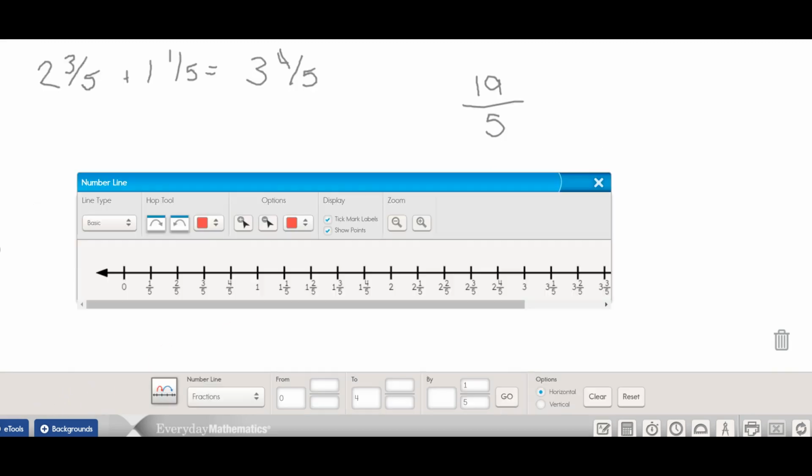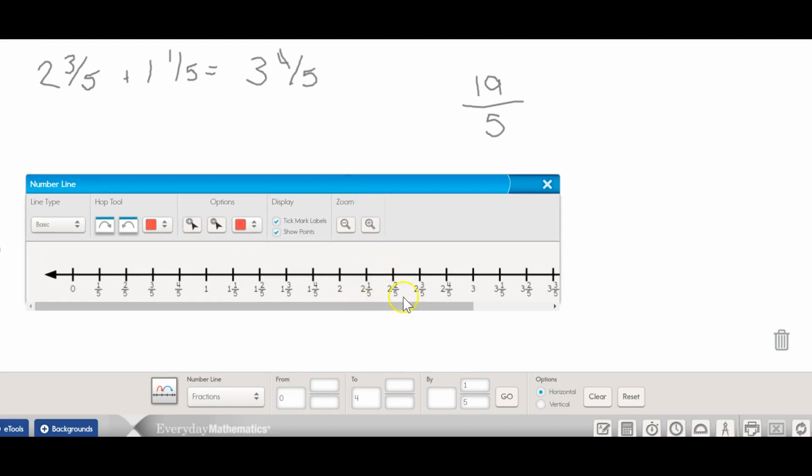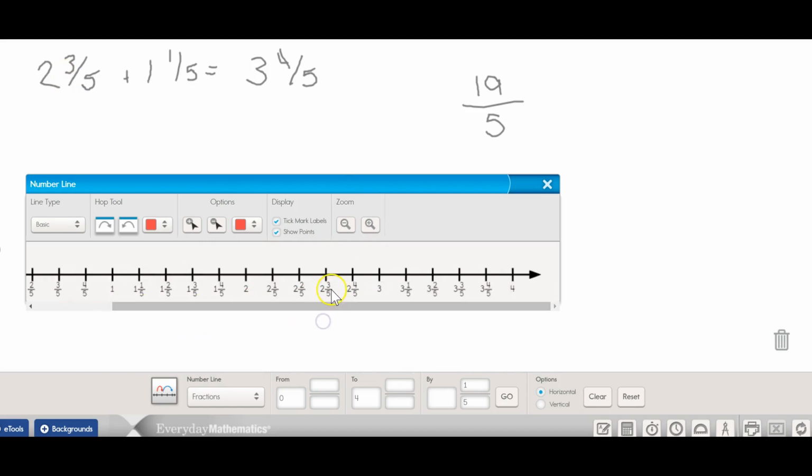And let's look at this on a number line. My number line is divided into fifths. From 0 to 5/5 is 1 whole. Here's my 1 whole. Here's 2 wholes. So we are going to start at 2 3/5. From 2 3/5, I need to add 1 1/5. 2 3/5 is my starting point.